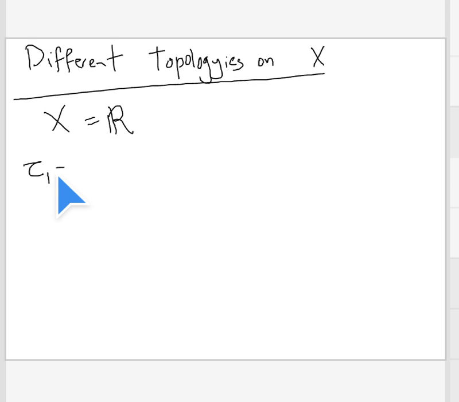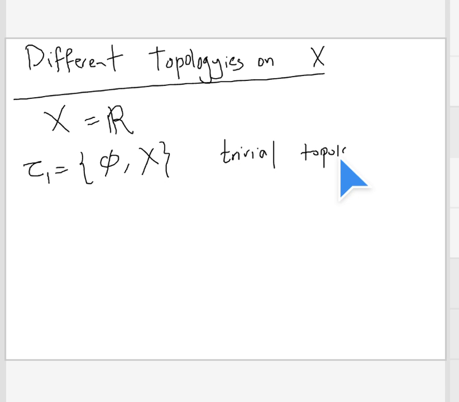Then we have a topology, the empty set and X. This is the trivial topology on R.